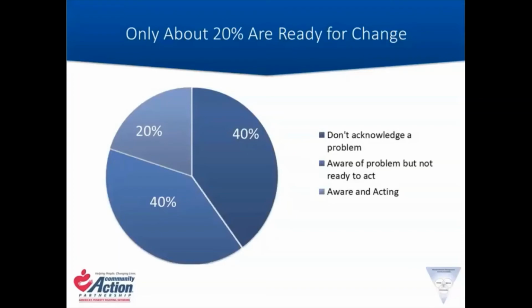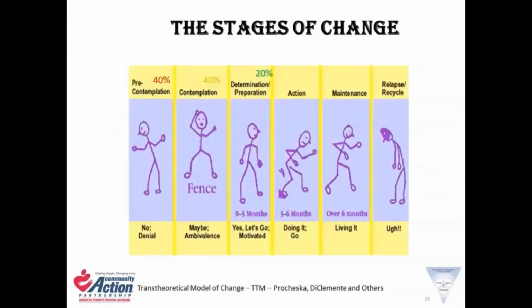And I think that's important for us to understand so that we're not frustrated by the fact that not everybody thinks that whatever we have identified as our improvement project needs to be changed.